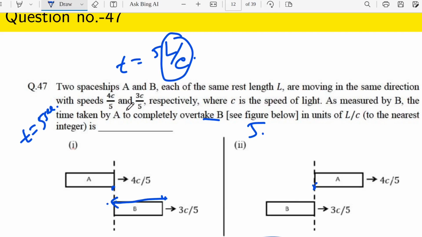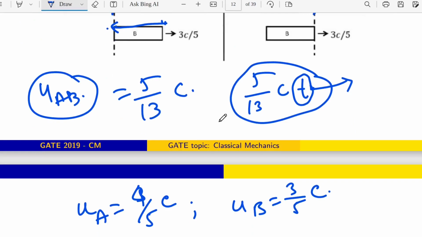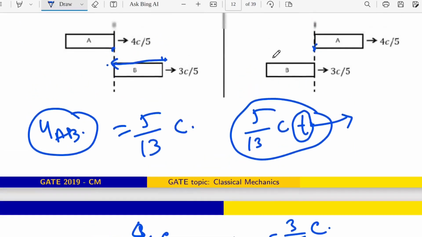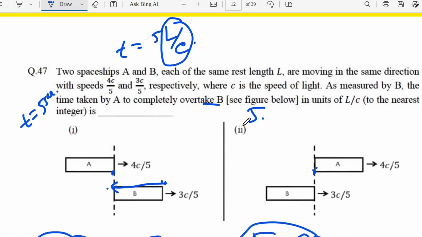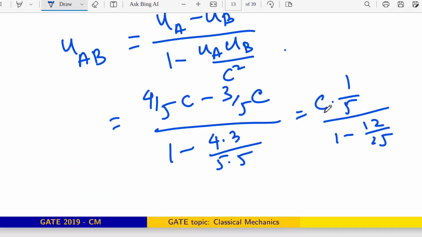The given parameters are 4c by 5 and 3c by 5, the velocities of A and B, and also the length of the spaceships is L. Both have the length L. So this is the question, and we got the answer 5 L by c as the time, and if they are talking about the unit of L by c, then it will be 5.